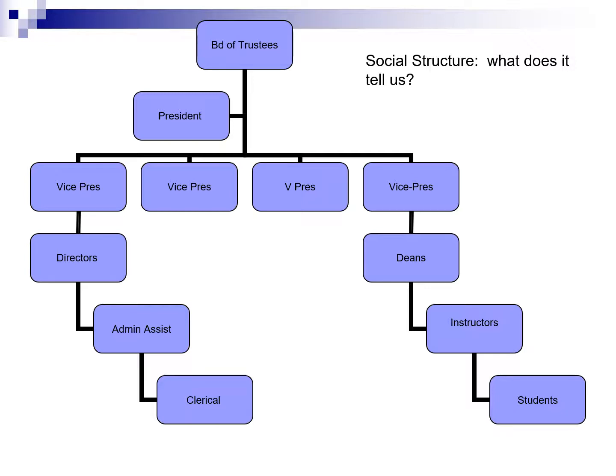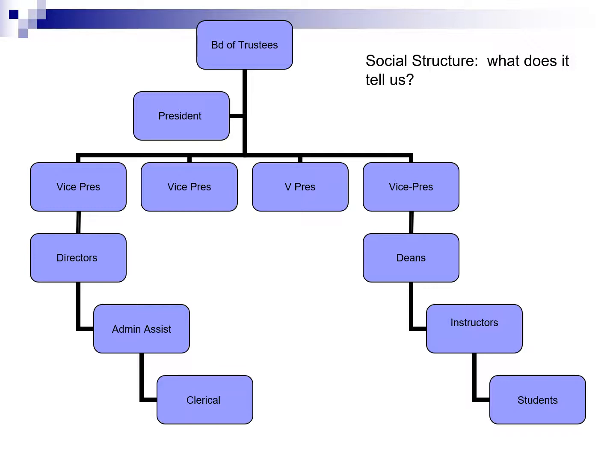This is going to bring us also some titles. This is the president of the college. This is the vice president of academic affairs. All right, so it gives the person a title, and with that title comes a job description. So think about that.